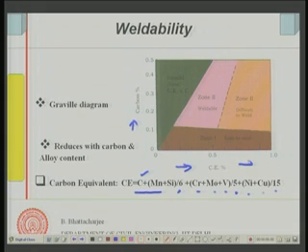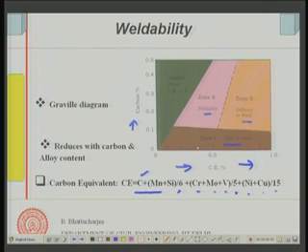As I increase my carbon equivalent percentage and carbon percentage, this line is a 45-degree line, because carbon equivalent has C plus something, so it will always be greater than the carbon percentage. So, this zone is infeasible, this zone is weldable, this zone is difficult to weld, and this is readily weldable.